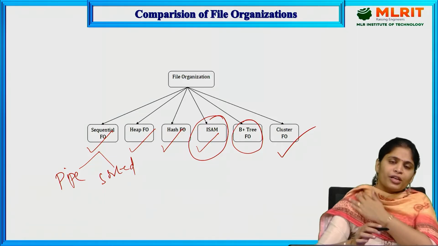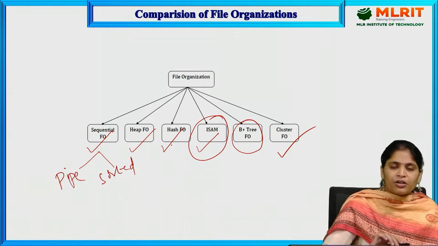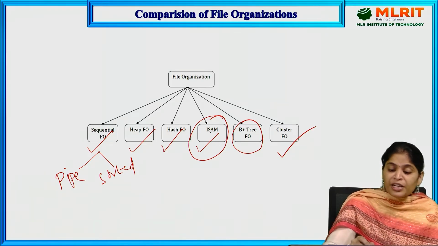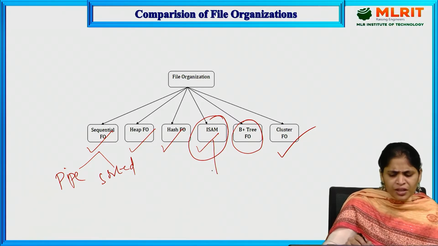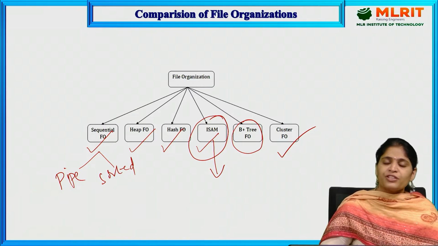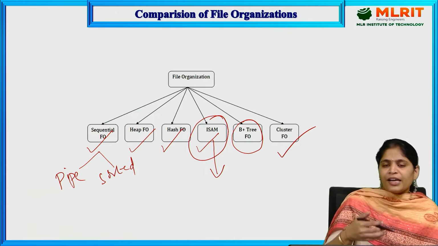Heap file organization: here we deal with buckets. Next, hash file organization: here we use a hash function. And ISAM, indexed sequential access method: this is also one type of tree structured file organization, in which we can store the elements in a hierarchical manner.